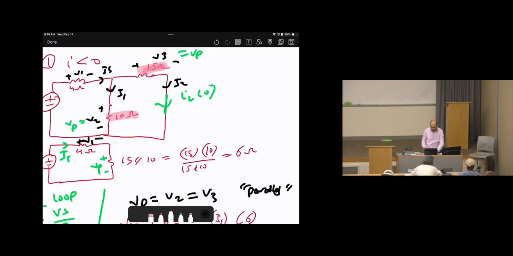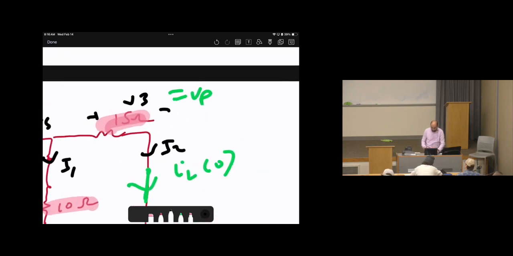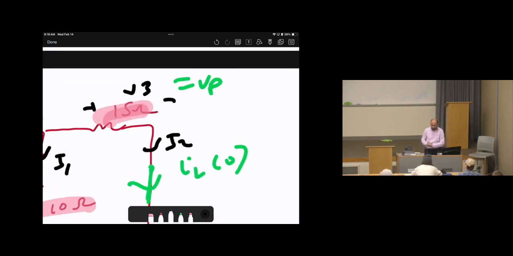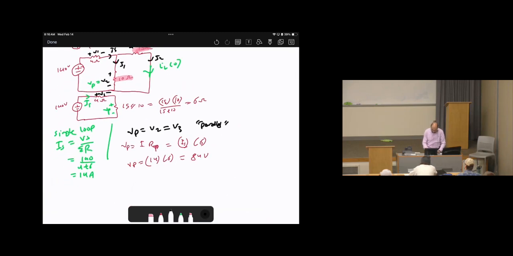How? Look at the voltage at the 15 ohms, it is VP, which as we know is 84. Then we know the resistance 15, so we can calculate the current. Ohm's law, right? V equals I times R. Therefore, I will be V over R, and that's what we will do.